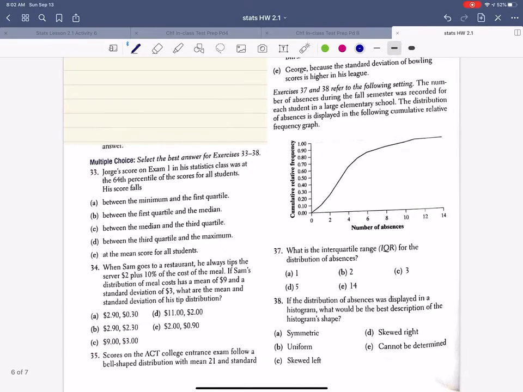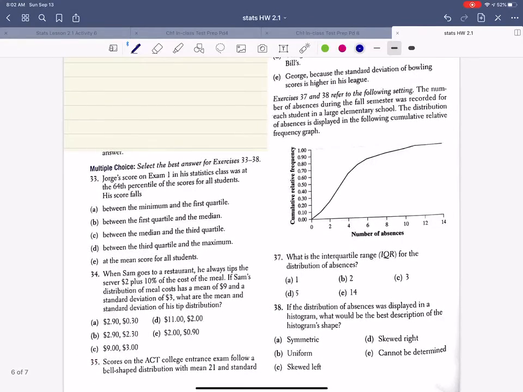Okay. So question 33, you have the answer in the back, but I wanted to give just a little bit of information, right? It says George's score was 64th percentile. Where would that fall? So if I think about a box plot, this is the 25th percentile, the 50th percentile, the 75th percentile, right?